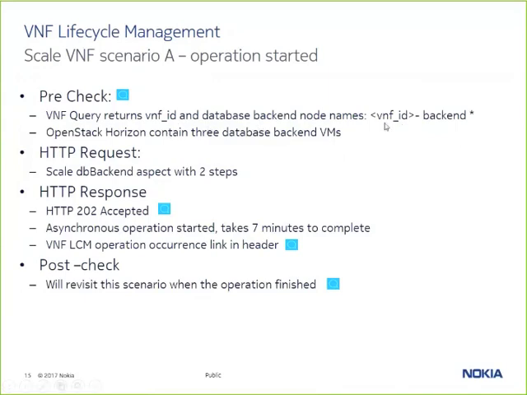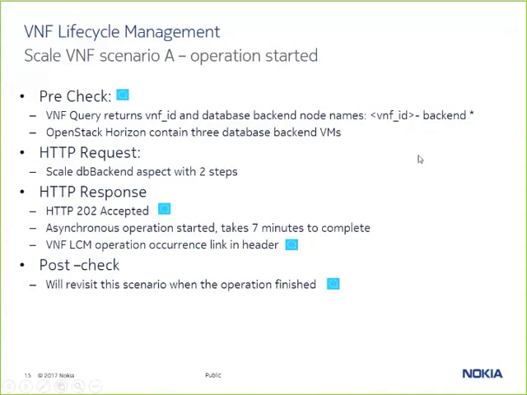So our naming convention is so that we prefix each virtual machine name with the VNF instance ID, as shown here. For example, the backend nodes are VNF ID dash backend.